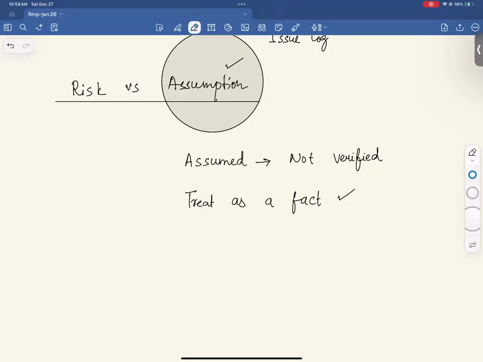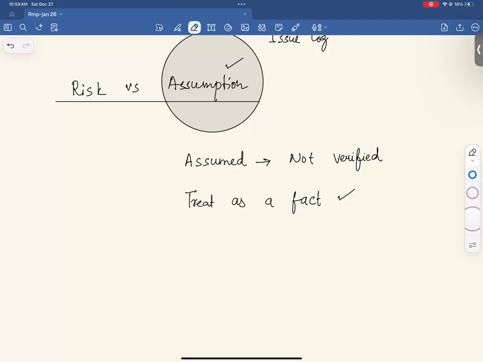I think assumption can be mitigated, but risk has more likelihood, and cannot be mitigated fully, but maybe partially. Okay, so both can be mitigated according to your understanding.